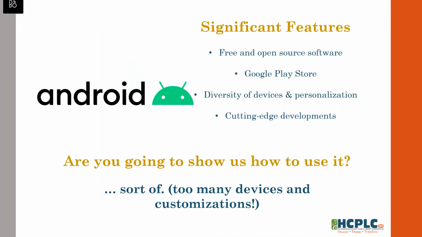Let's talk about some significant features of the Android system. As I mentioned before, the most significant feature is the use of free and open source software. This software is available on hundreds of devices, so you can download it.